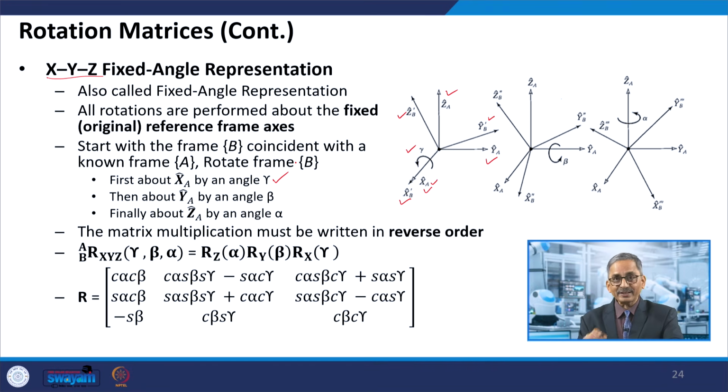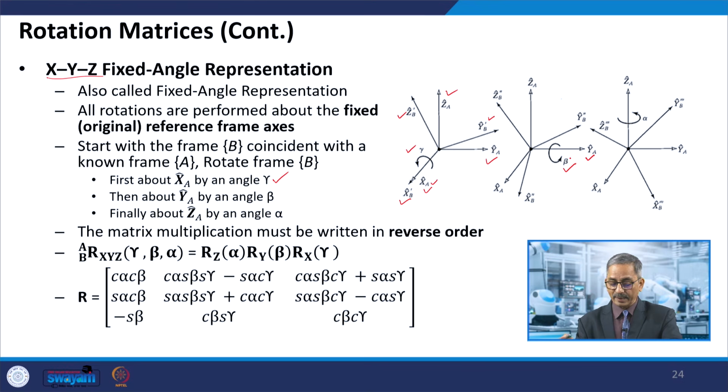Next rotation we are going to perform, again as I said it is a fixed angle representation, is going to be about YA axis. So, about YA axis, I am rotating frame B by angle beta.